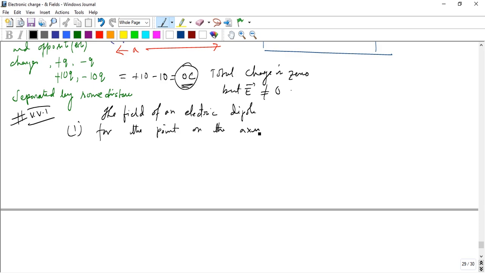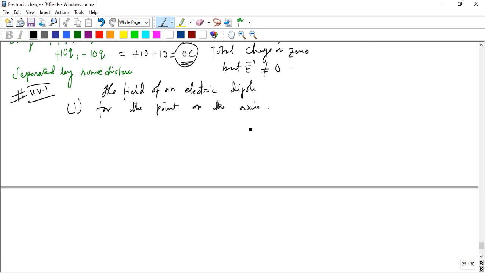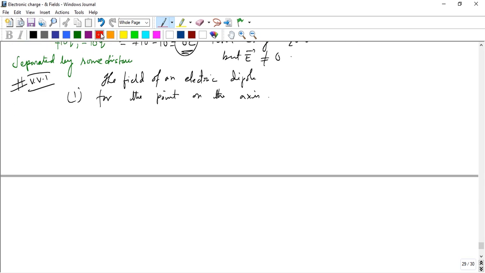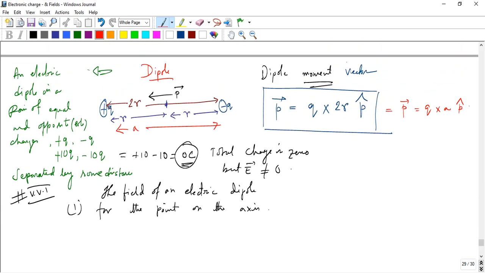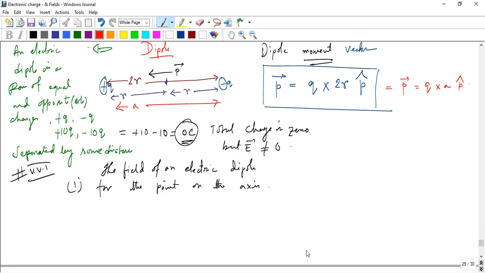Consider two charges, because the dipole has two charges, the same in magnitude but opposite in polarity.